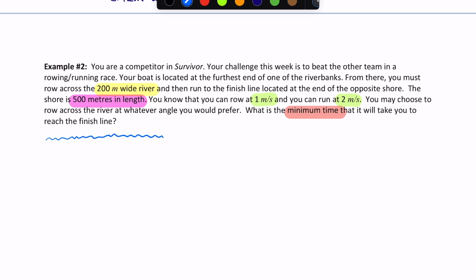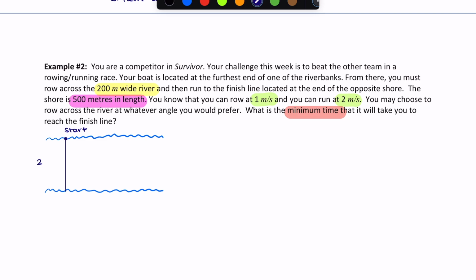Okay, so here, if we draw our diagram again, let's draw our riverbank. We can get this as the start point.